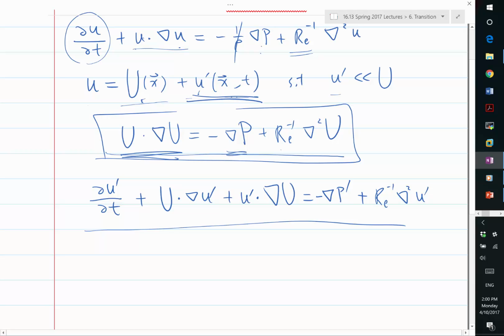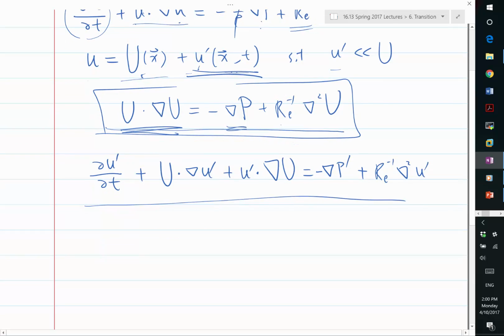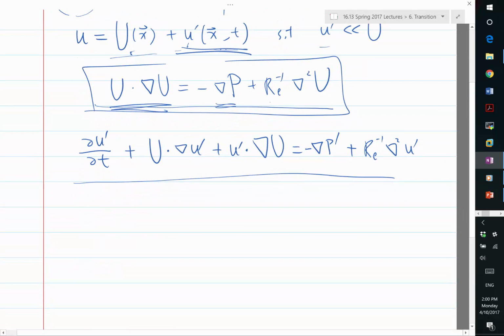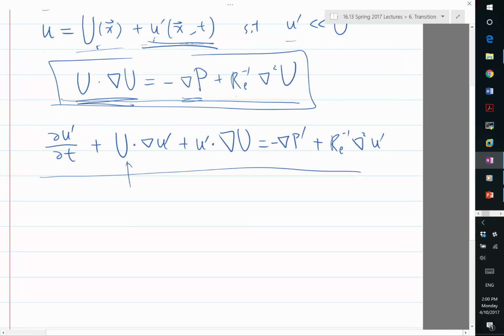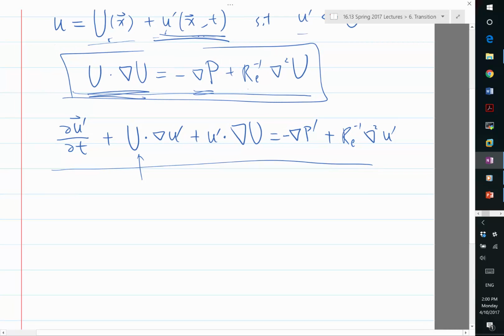All right. So to write these equations in a thin layer, taking advantage that this big U is mostly horizontal, right? So big U in the x direction is much larger than the U in other directions. We can write this as, so these are all vectors. And let's write the vector u prime as u prime, v prime, w prime.